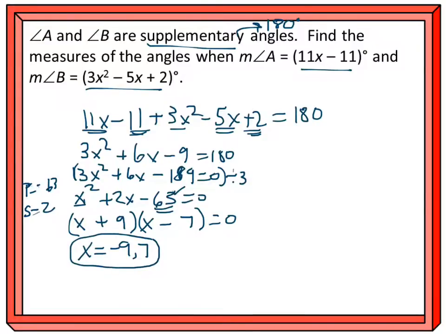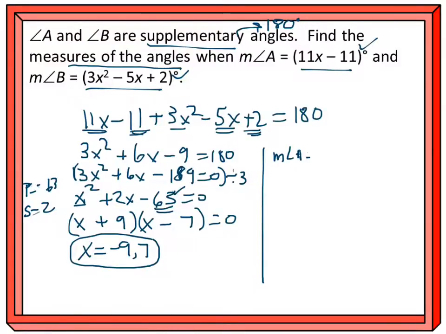Now we need to go back and see which of these answers actually make sense, because we need to find the measures of these angles. We're going to plug them back into each one of these expressions. And obviously the measure of angle A is a little bit easier to work with. So let's try the negative 9 first.